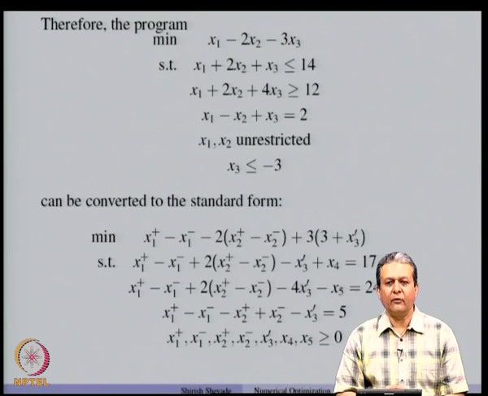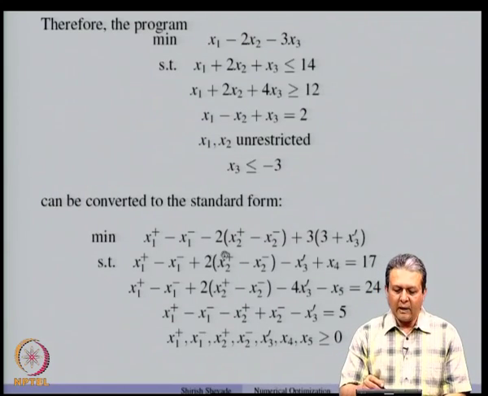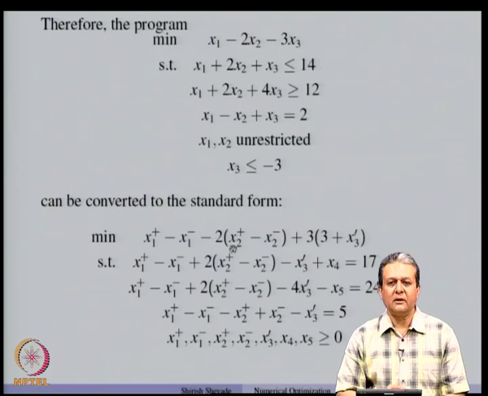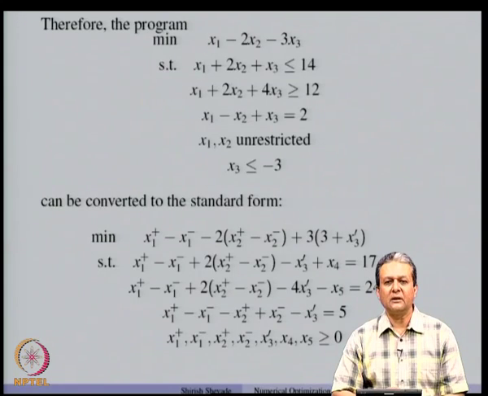So, using this or some other ideas, any linear program can be converted to the linear program in standard form. Of course, by introducing some more variables, the number of variables has increased in this case, but nevertheless, we got the linear program in standard form where the constraints are of the type Ax equal to b and x greater than or equal to 0.